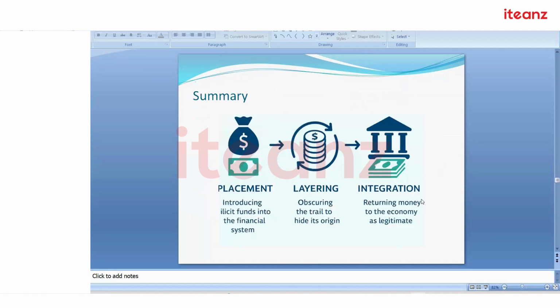Okay. So just to summarize, in money laundering: placement, layering, and integration. This is the basis. So how is this being done? They are using structuring, smurfing, mule accounts, shell companies, shell accounts, all those things.